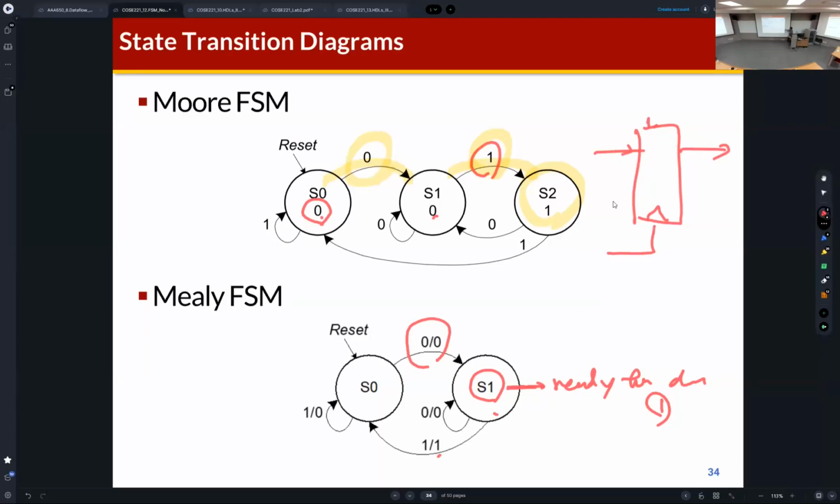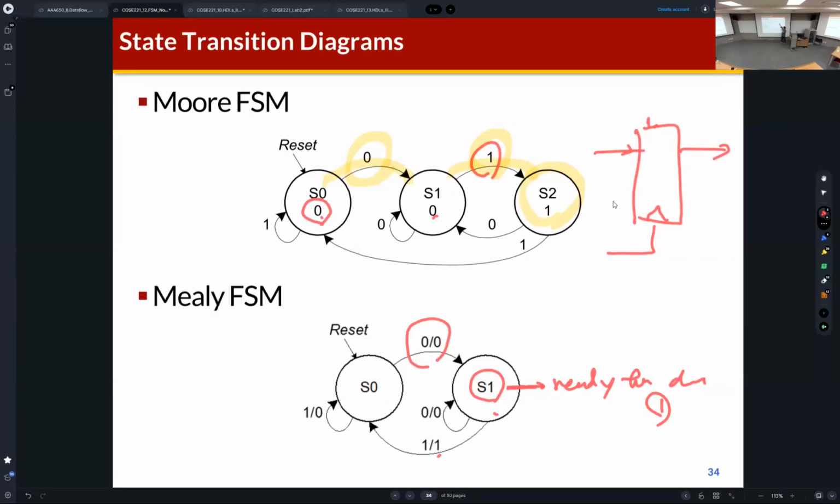So when we detect the input 1, the state changes to the next state at the rising edge of the clock, and then the output is generated. Which means that when the current state becomes S2 at the rising edge of the clock, the output is determined.